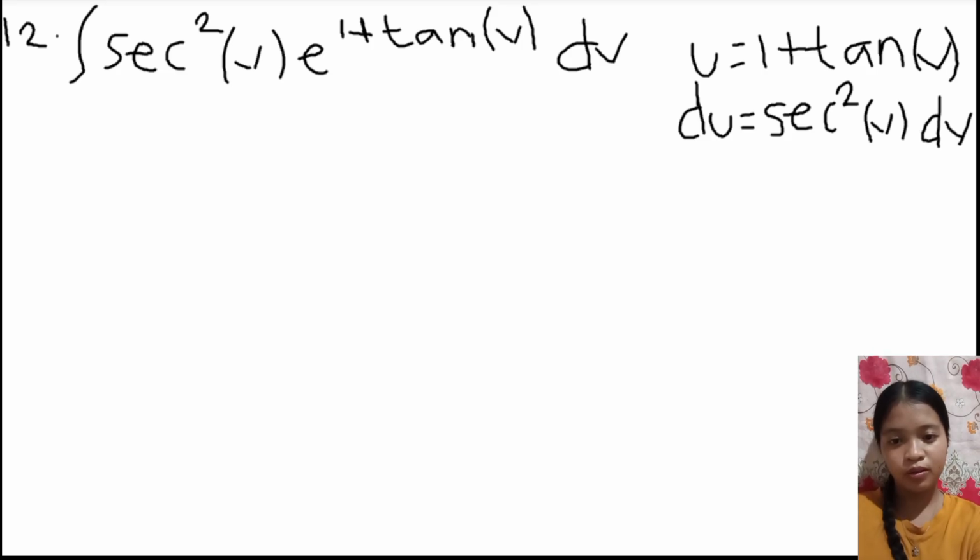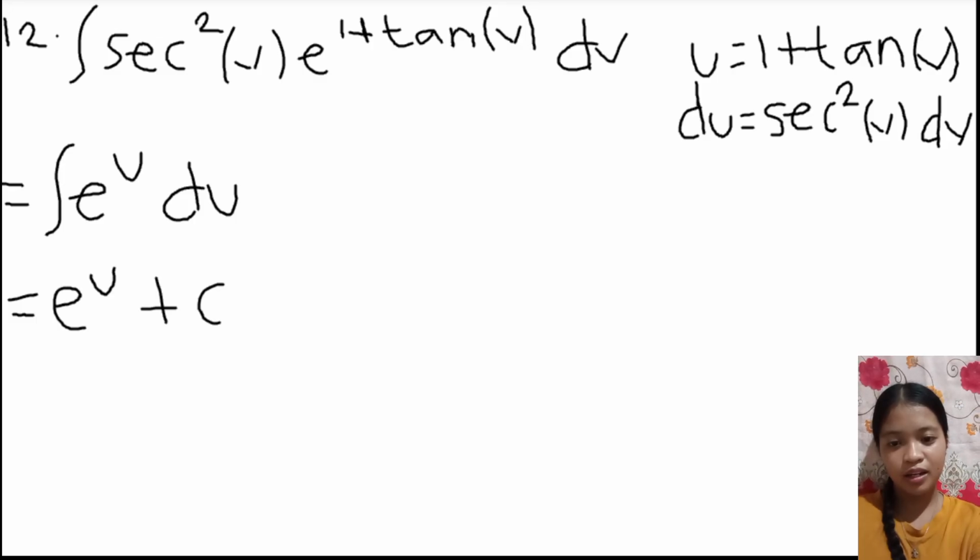So we can now rewrite it. So the integral of e raised to the power of u du, then we're going to integrate it. So the integration of e to the u is still itself, so e to the u plus c. Now the final answer is e raised to the power of 1 plus tan of v plus c, and that's our final answer.